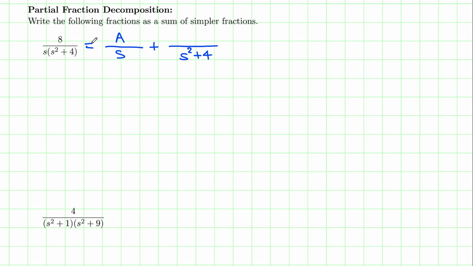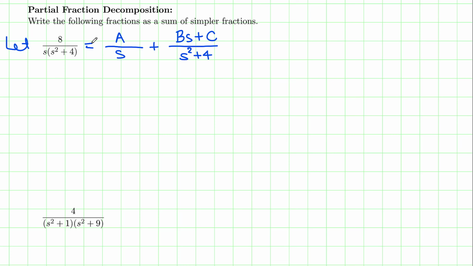A is used, so degree 1 means as plus b, but a is already used, so we're going to write b and c. So we let this fraction as a sum of two simpler fractions. Now we need to determine the values of a, b and c.